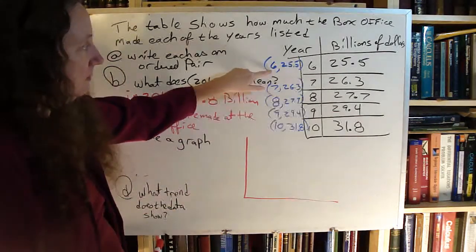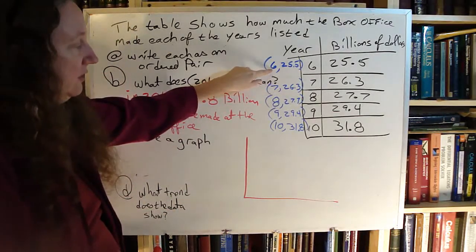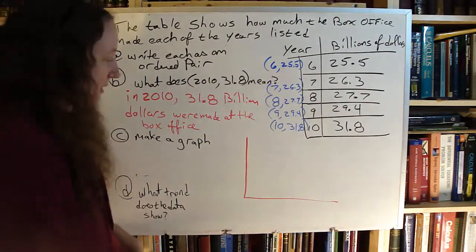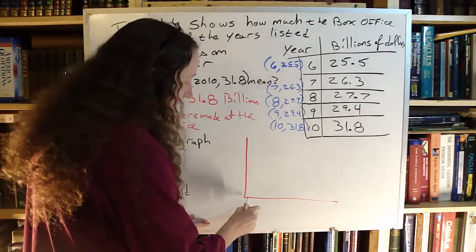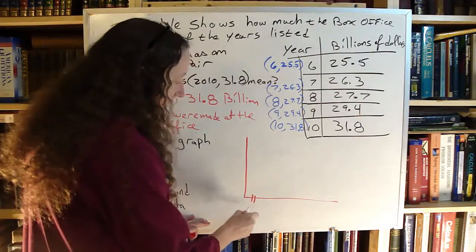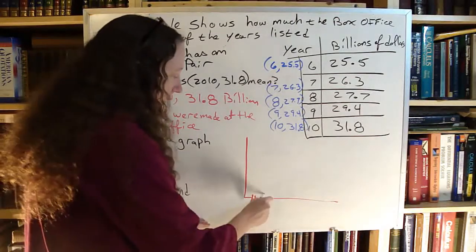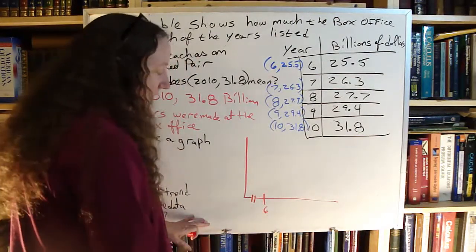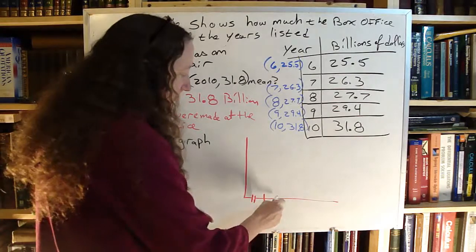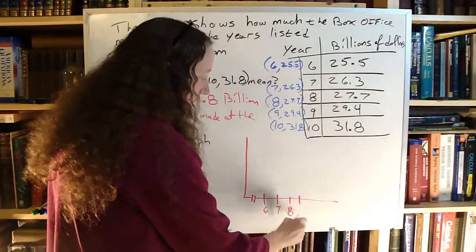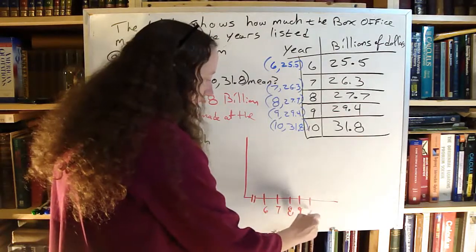Also, I see that I start with 6 and I go up to 10 for my x's. So I'm going to draw two little lines, and I'm going to erase the spot in between them. And then I'm going to make that 6, 7, 8, 9, 10.